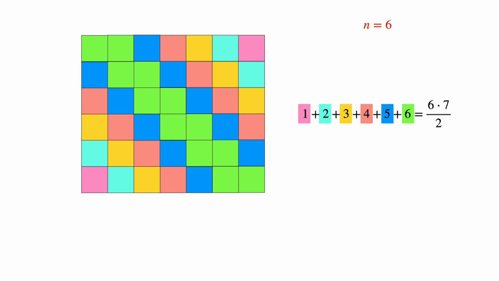I get a rectangle with sides 7 and 6. And the area of this rectangle is obviously 6 times 7, one side times the second side. And my original object is exactly 1/2 of this rectangle. So its area is indeed 6 times 7 divided by 2.